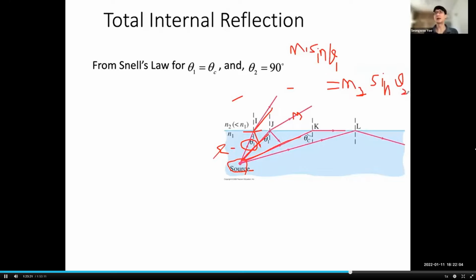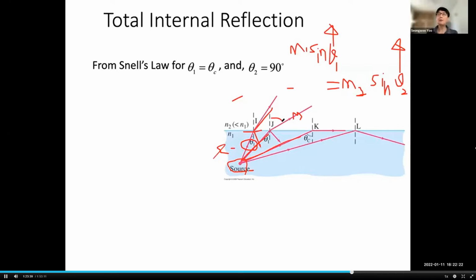Again, what I want to do is increase this angle of incidence. So then what would happen to the refraction? The refraction angle will also increase correspondingly. So if I increase the angle of incidence, then the angle of refraction always increases too.